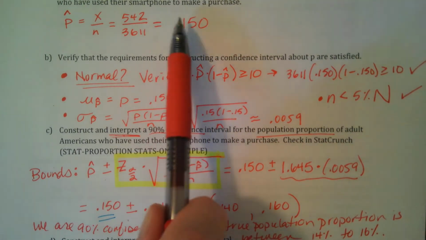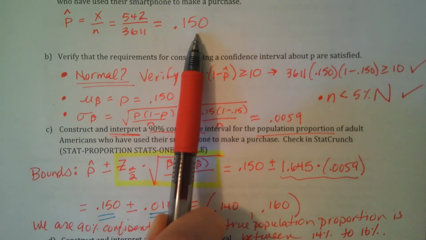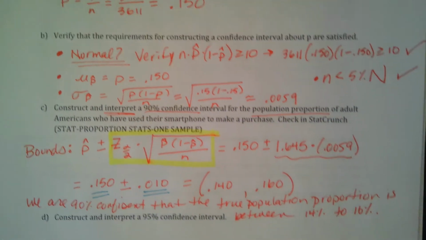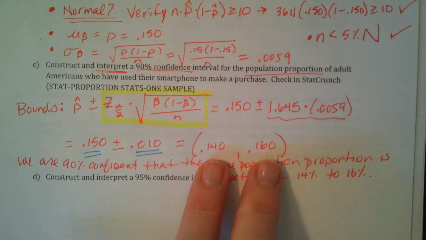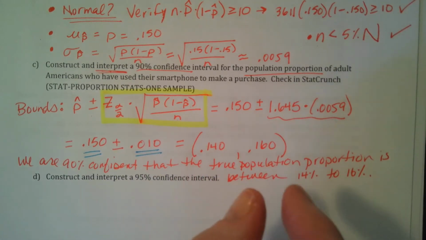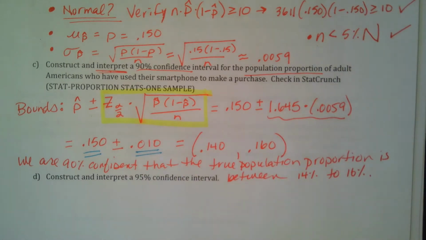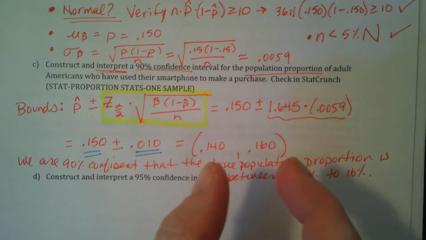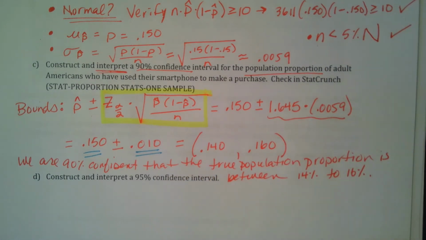So instead of saying 15% of everybody in the country uses their phone for purchases, we say we are 90% confident that it's somewhere between 14 to 16%. That's still a pretty narrow range. That's really targeted pretty closely. And the reason we were able to narrow that range so much is because we had a fairly large sample size.